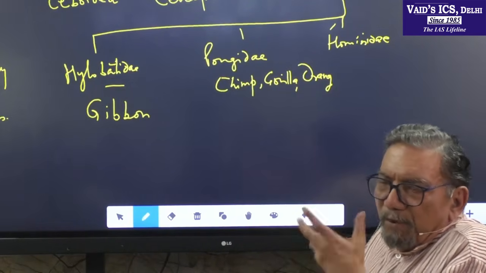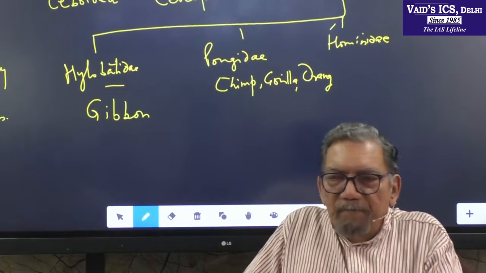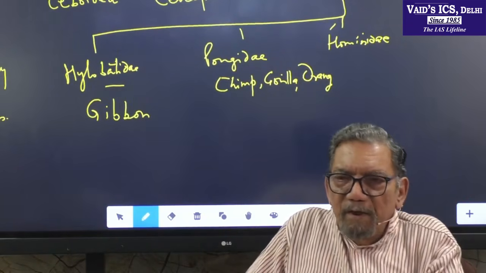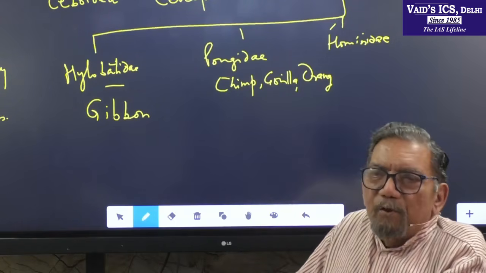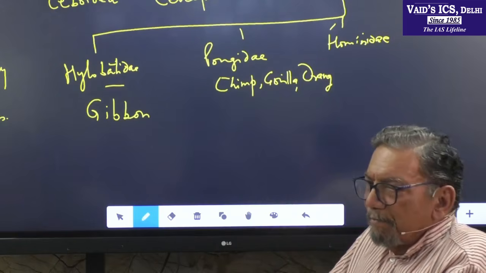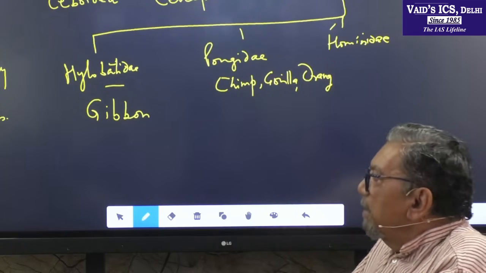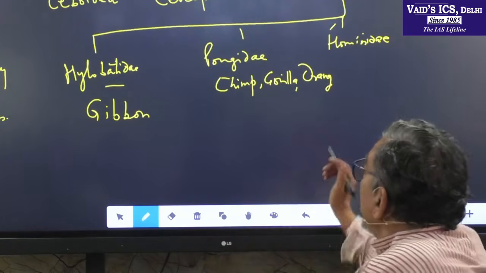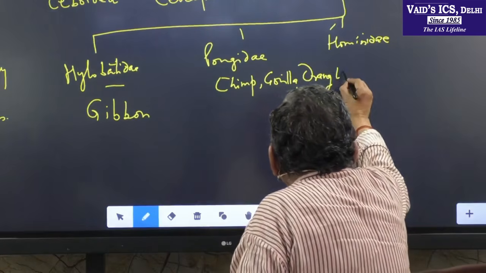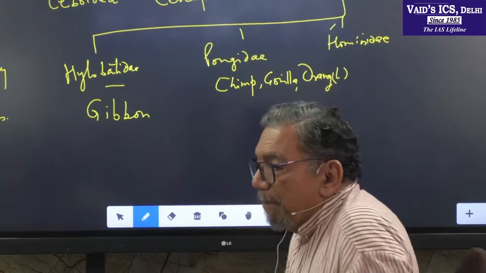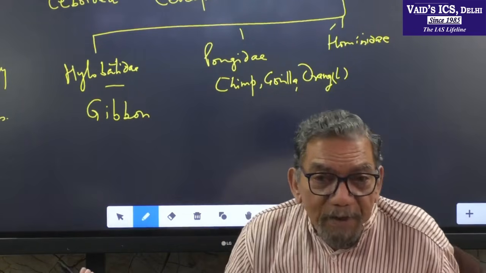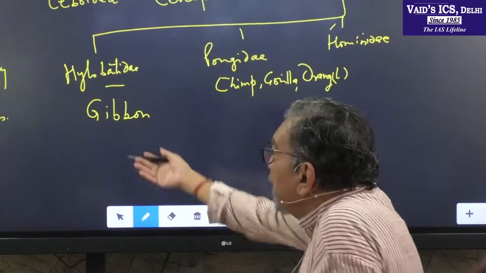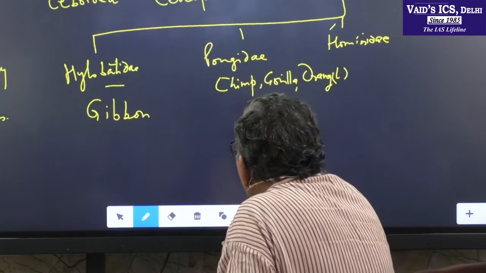If you have seen a photograph of an orang with a topi over it from a distance, you may confuse whether it is human or somebody else. Man of the forest. But these three are living apes, present even today. But when we talk about evolution, we have to include fossils, which we are concerned with.